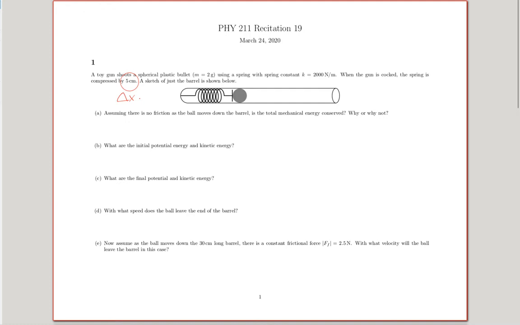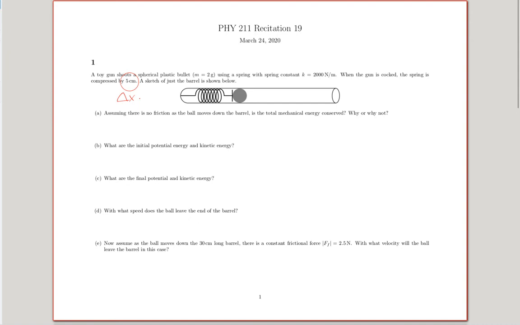Yes, it is. Remember, mechanical energy is kinetic energy plus potential energy, and potential energy just means energy associated with forces that are conservative. So in this problem, there are no non-conservative forces.